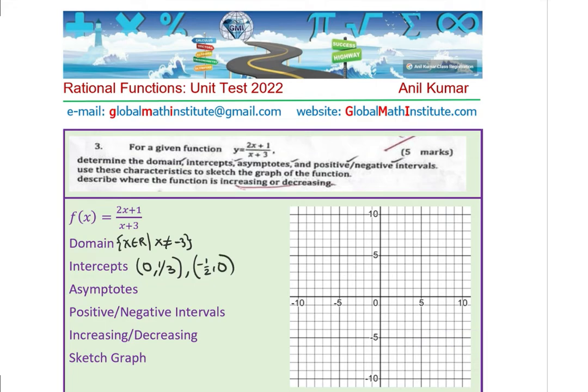So once again, since we have to sketch this graph, let's sketch it as we move along. Perfect. And we got these two asymptotes, one asymptote here. The other one we calculated, horizontal asymptote, which is 2, right?